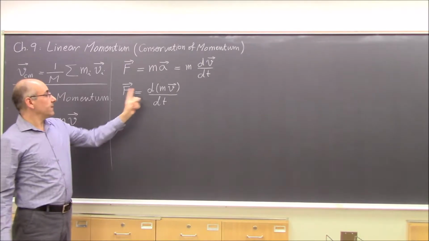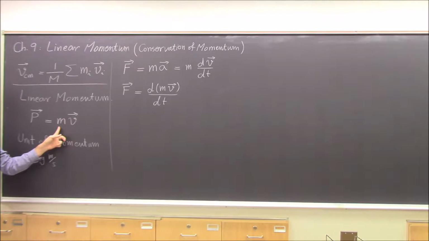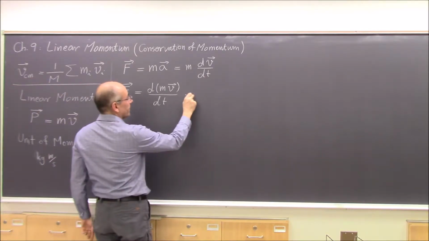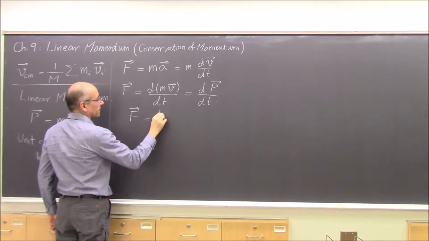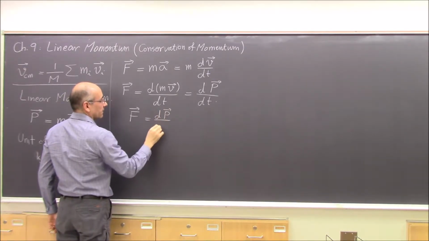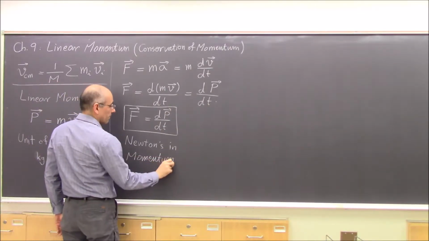So that means that the force is change of this mv quantity that we call momentum. So force is rate of change of momentum, dp over dt, is called Newton's law in momentum form. All right?